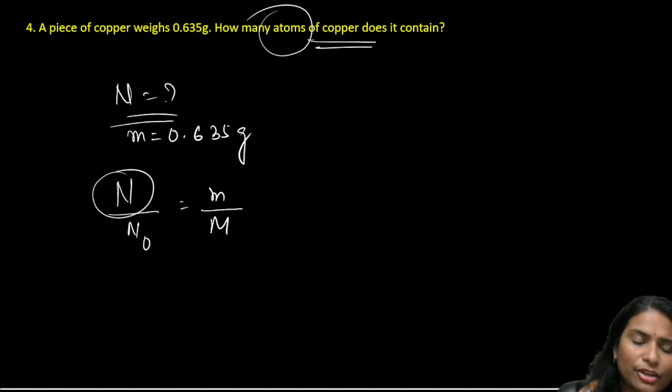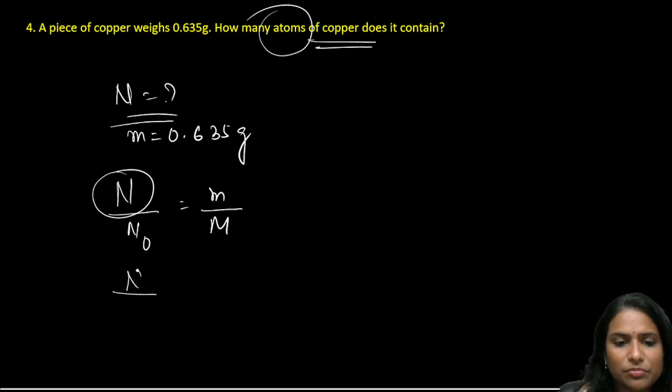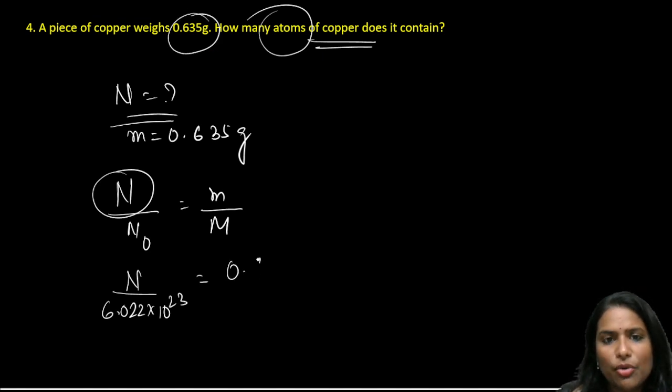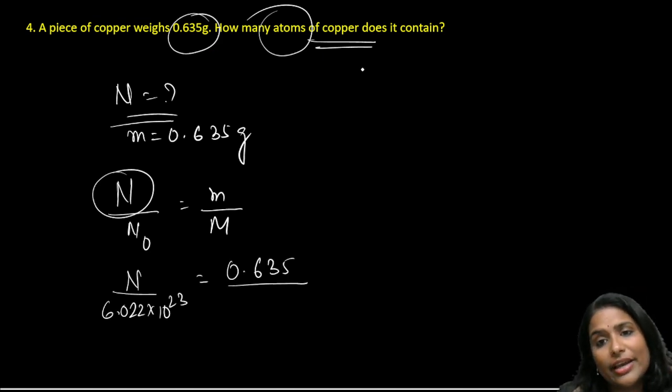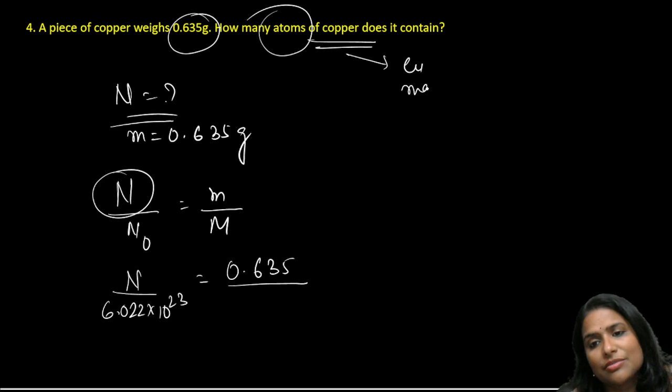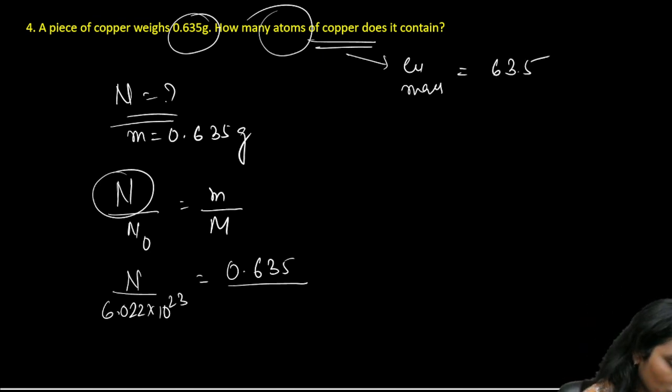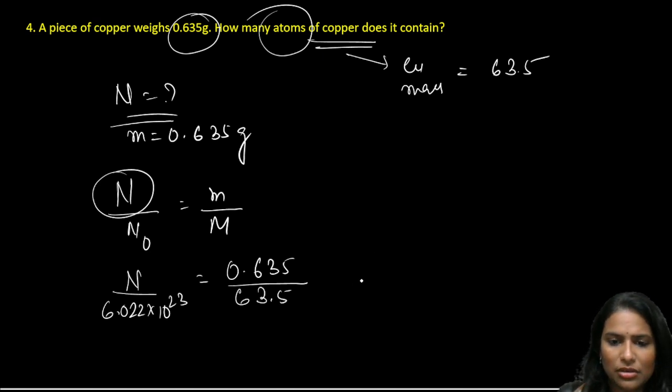So capital N you need to find out. N0 is 6.022 into 10 to the power 23. Mass is given to you, 0.635. Now the mass of copper from the periodic table is 63.5, so here you will put 63.5.